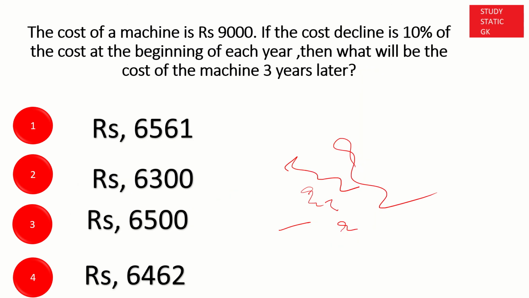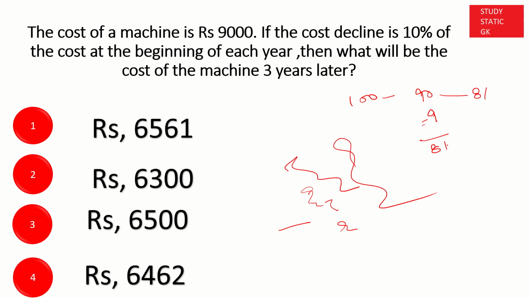Next, the cost of a machine is 9,000. If the cost declines by 10% of the cost at the beginning of each year, then what will be the cost of the machine 3 years later? Okay, so for example 100% is there. At the end of the first year it will go to 90%. At the end of the second year it will go to 81%, because 10% of 90 is 9, it is depreciating by 10%.